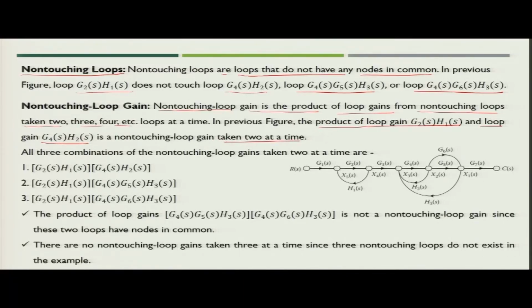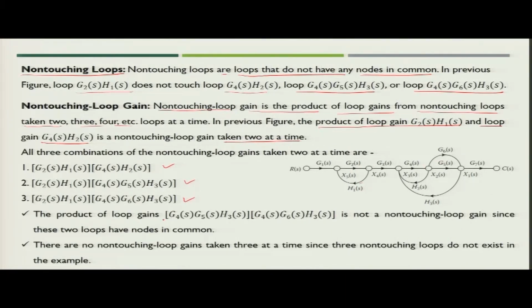Similarly, for others also you can write. First we take this loop and this loop, then this loop and the other loop, and then a third pair. So, you will have 3 sets of non-touching loop gains where you take 2 at a time.